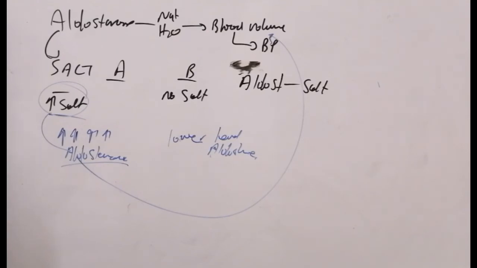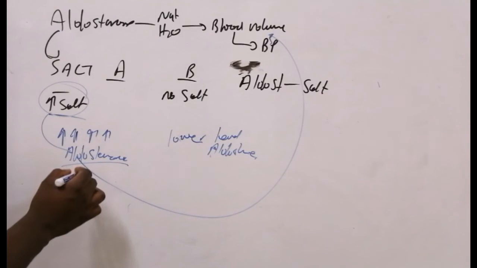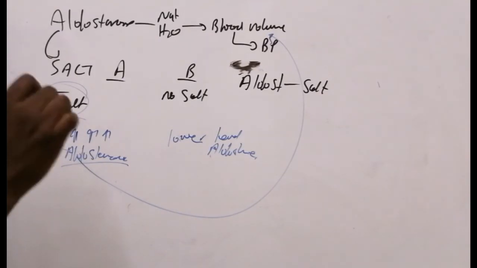Those blood pressures keep climbing and climbing and climbing, and you can be on 5 drugs, 6 drugs, and the blood pressures just keep climbing, until you actually deal with the aldosterone-secreting tumor. Now that's primary aldosteronism.